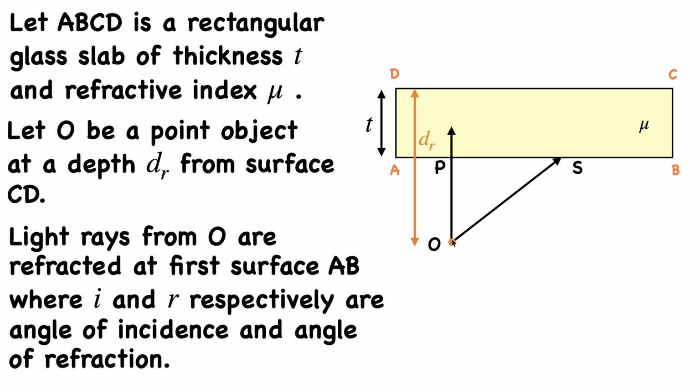Another light ray goes along OS and falls obliquely on surface AB, and after refraction it goes along the path SR. Here at point S, the angle of incidence is I and the angle of refraction is R.